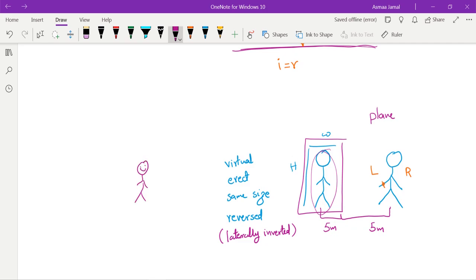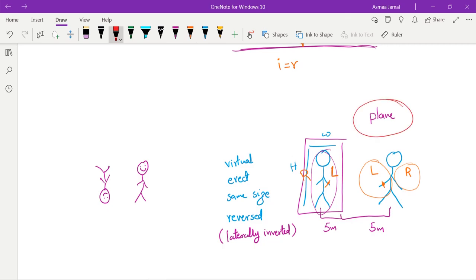Inverted means upside down, but laterally inverted or reversed means the right side of the object becomes the left side in the image. So the watch here will become at the right of the image, reversed or laterally inverted.